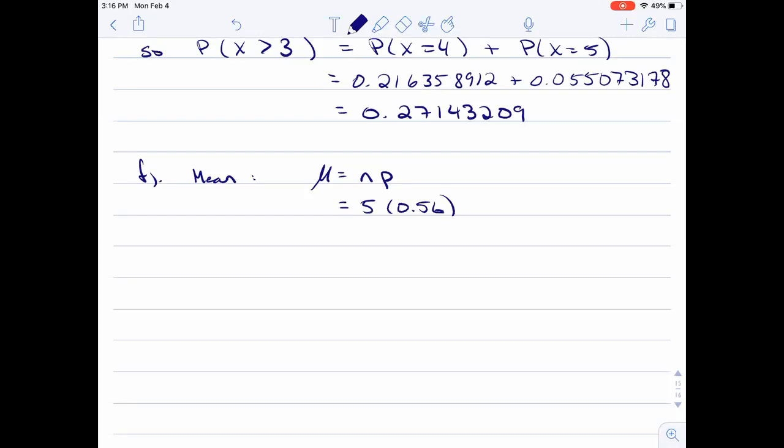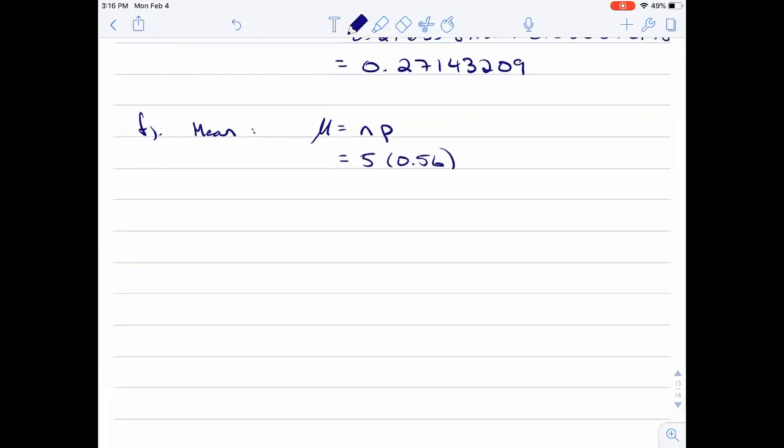So in 5 weeks, if the probability of it going up is 0.56, I'm expecting it to go up on average 2.8 weeks out of 5. And it's okay to have a decimal there.